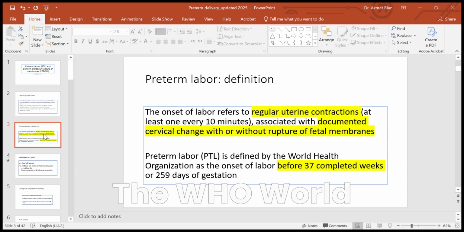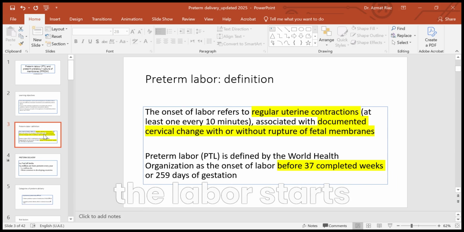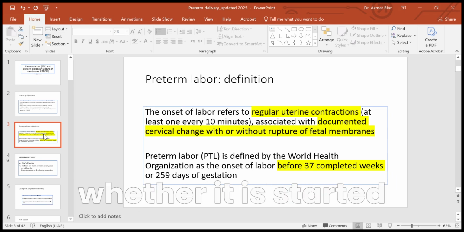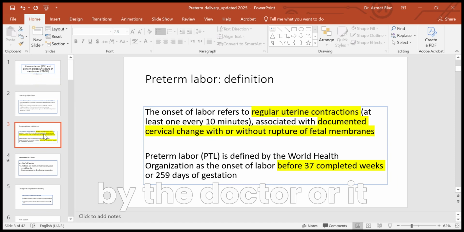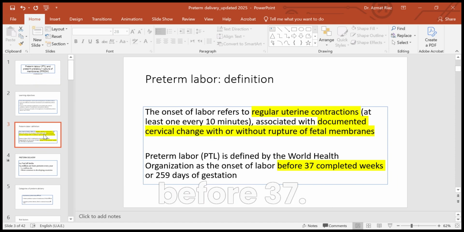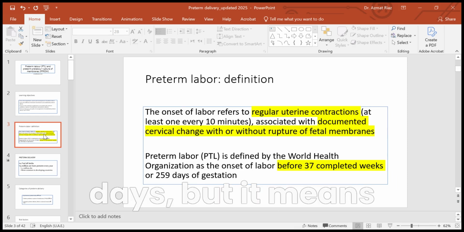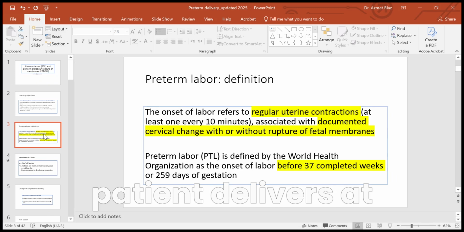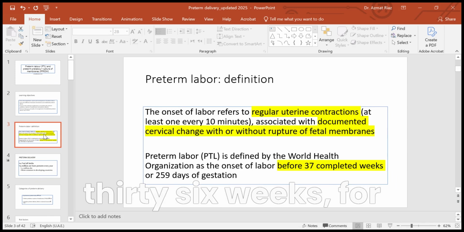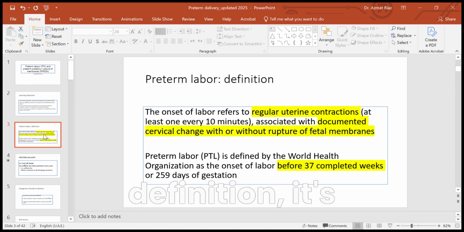The WHO, World Health Organization, says that if the labor starts, whether it is started by the doctor or starts spontaneously, before 37 completed weeks, it is preterm. You do not need to remember the 259 days, but even if a patient delivers at 36 weeks and 3 days, by definition it's a preterm labor.